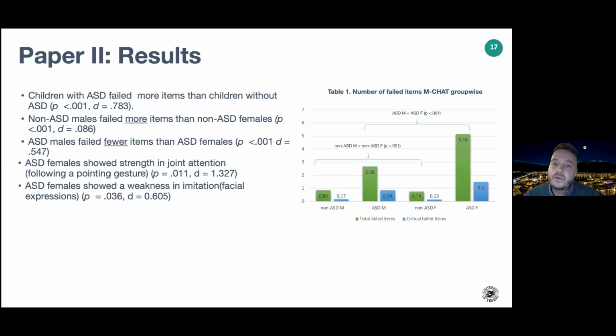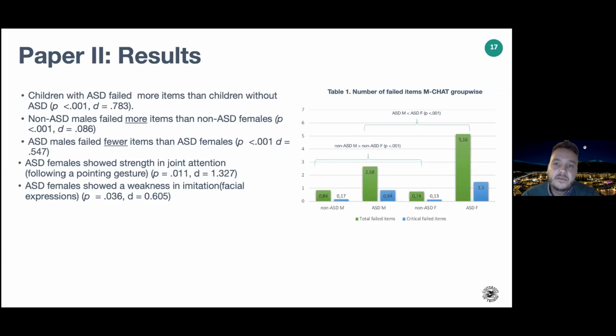What we found when we looked at each item, to see if there were any differences in how the males and females, or girls and boys, were endorsed by the parents on the MChat, was that females showed a strength in joint attention. So females with ASD at 18 months showed a strength in following a pointing gesture better than boys with ASD at 18 months. However, we also found that girls with ASD had a weakness in imitation of a facial expression.